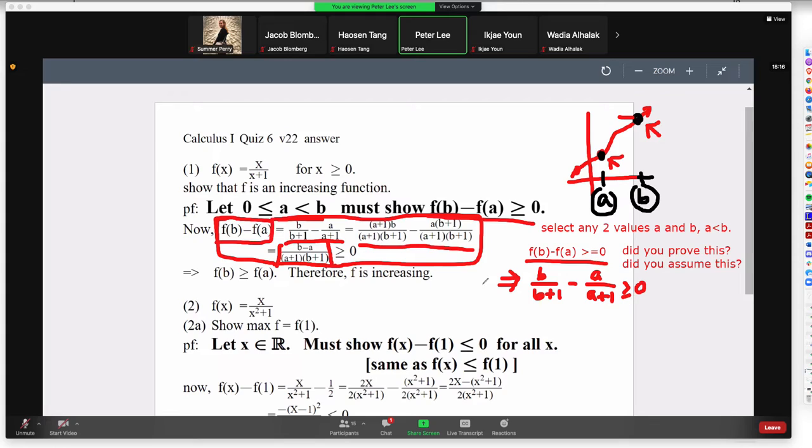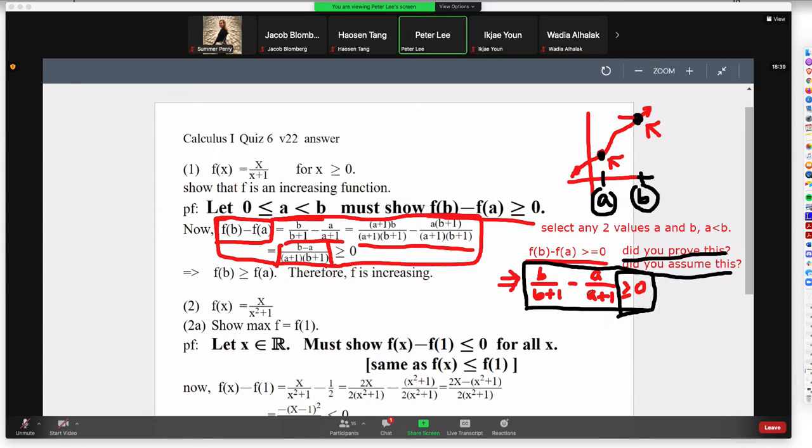And this is the problem right here. Writing this greater or equal to 0 is the very problem we have. Because when you write this whole thing here, the question is the same. When you write this statement right here, did you prove this? Or did you assume this? Which one is it?